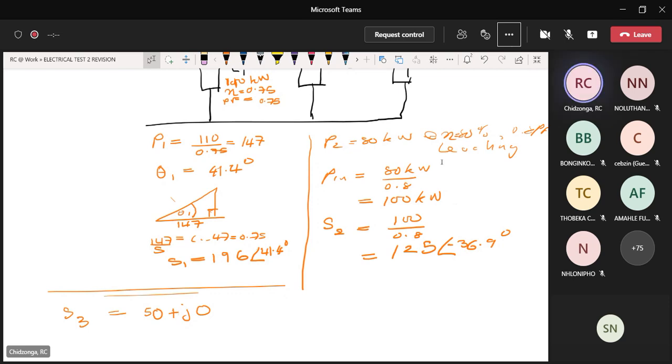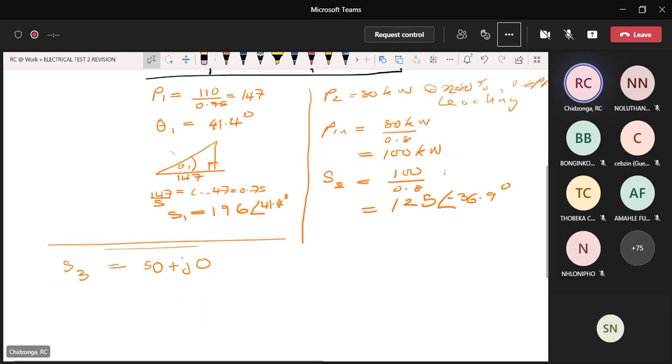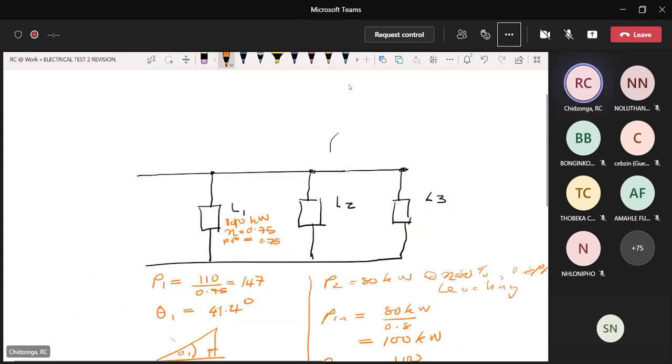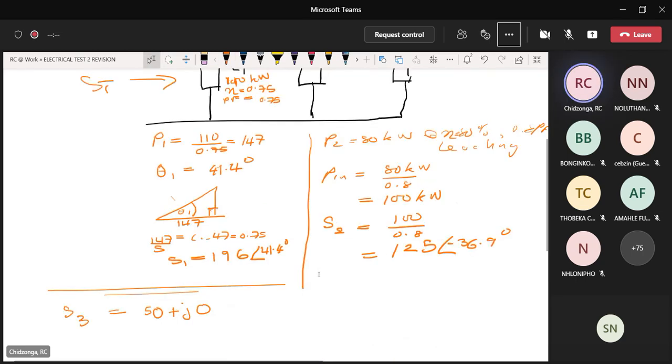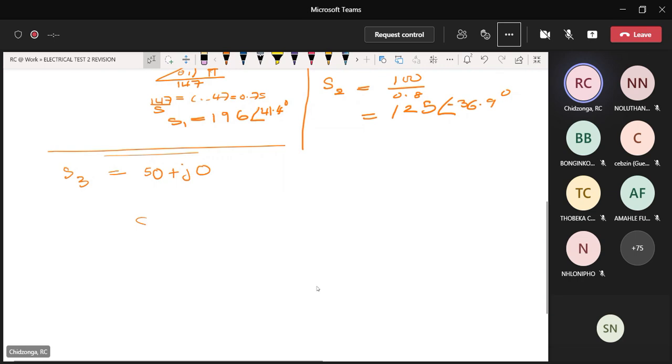To find the effective power of the source that is going to supply all this power, S total. This is S1, this is S2, this is S3. So the total power is going to be S1 plus S2 plus S3.